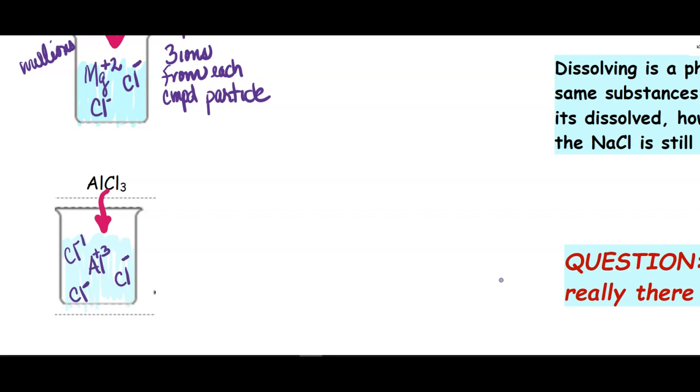Because each one is surrounded by water particles. So the aluminum chloride crystal was broken up by water particles who only take 1 negative ion with them and 1 positive ion with them. So that's why there are 3 chloride ions separately. So there are 4 ions from each AlCl3 compound particle.